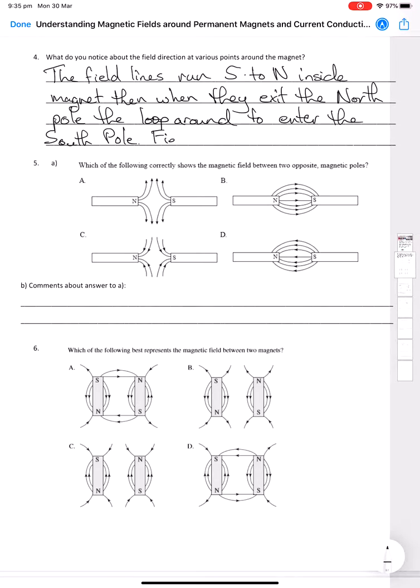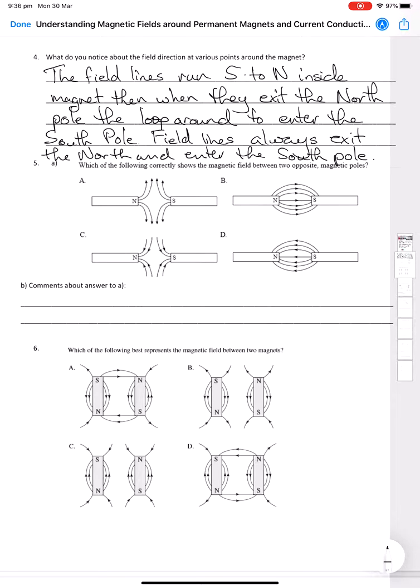Field lines always exit the north and enter the South Pole. Often you have to draw field lines on diagrams, so it's important that you know very clearly in your mind they exit the north, enter the South Pole.